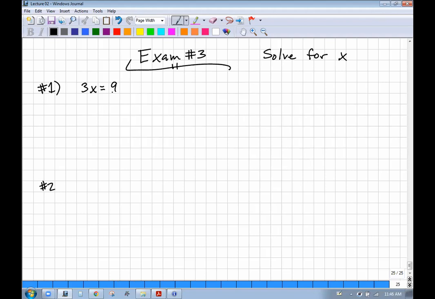And I should do some fractions here, huh? 3 halves x equals 9 halves there. And then I'll do 2 over x equals 3 over 4. So there's your exam. Get it in by midnight tonight.